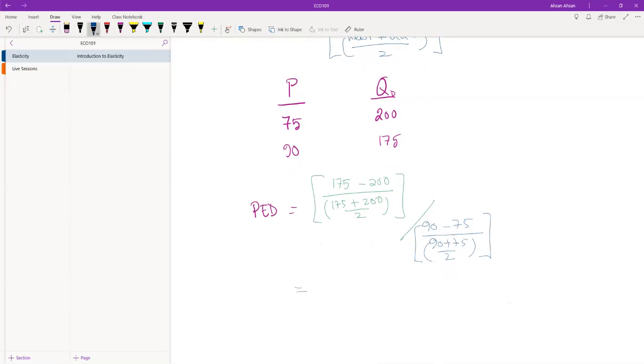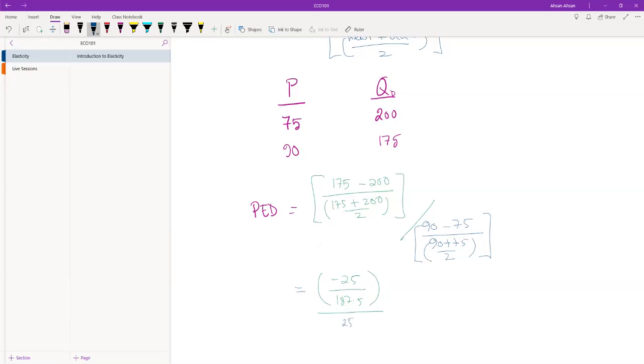Now, if we do the calculations, let's see what we get. On top, we have, I'll use green again, minus 25 divided by, how much will this give us? 187.5. This thing is divided by 90 minus 75.